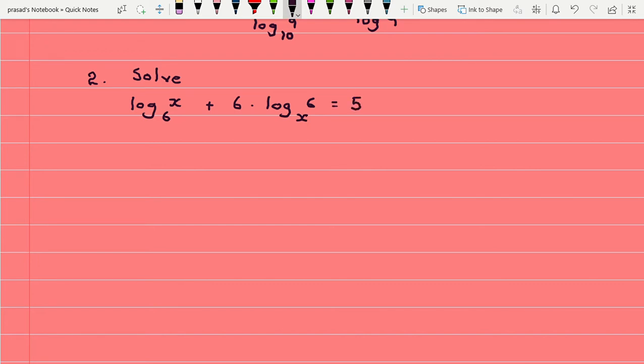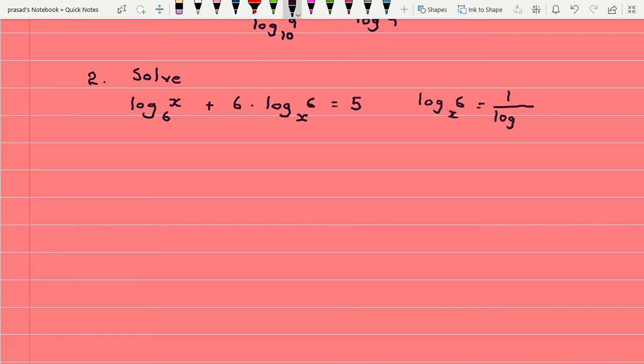Now, if you see these two logarithms, this is log of x to base 6 and this is log of 6 to base x. So, x and 6 are interchanged. So, I will use the result here. Log 6 to base x, if I take the reciprocal 1 upon, what will happen? x and 6 will get interchanged.